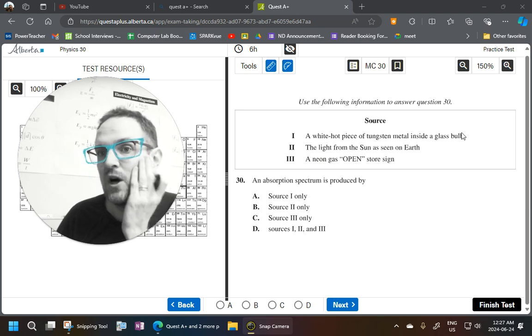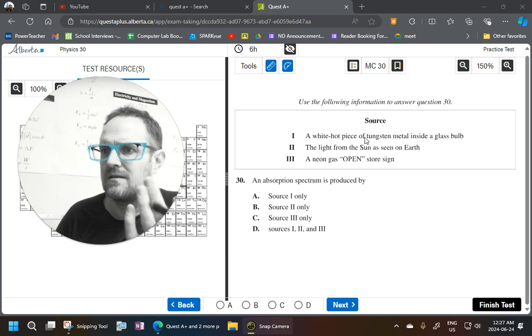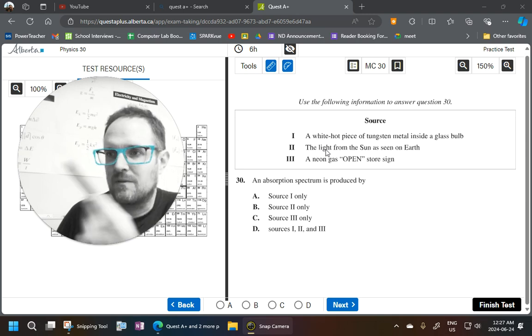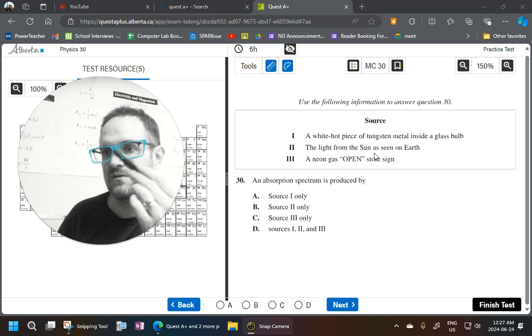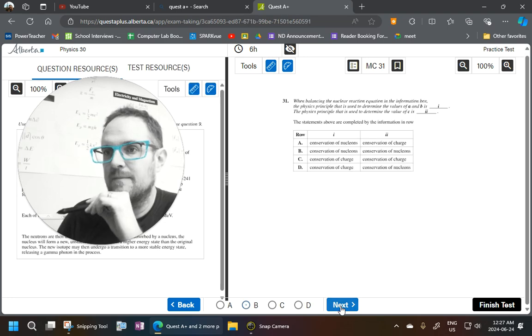If the glass bulb is a vacuum, then the white hot tungsten is just going to produce a nice continuous spectrum, right? The light seen on Earth has to pass through the atmosphere, which is going to absorb some of that. So it's going to be 2 only, right? Because we crossed off 3, it can't be the bottom 2, and it won't be the top one, because it's seen on Earth. Very key, it's on Earth.